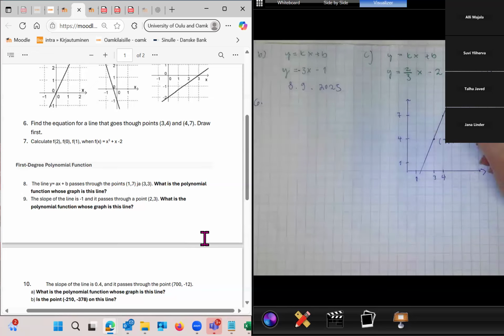Then I would calculate, for example, the k, which we mark with k. That was the change of y divided by the change of x. So here the change for y would be 7 minus 4, and the change for x would be only 1, so 4 minus 3.